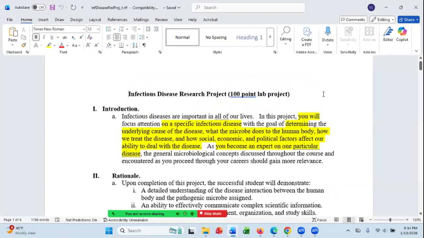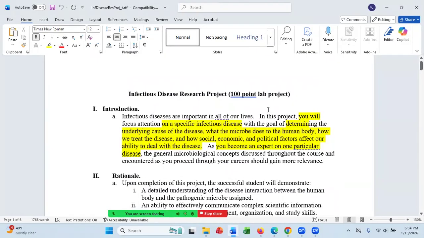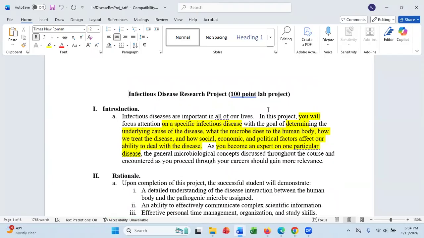All right, so the infectious disease research project is worth 100 points. It is a lab project. You will only get 100 points if you have 100% on your two Plagy quizzes. So you need to get 100% on your Plagy quizzes to get any points on the infectious disease project.